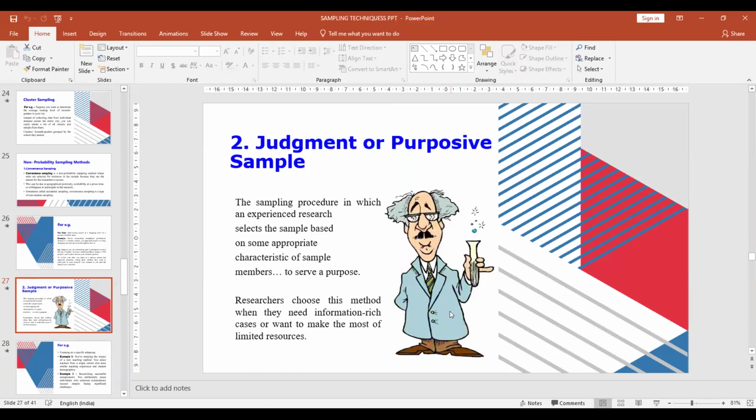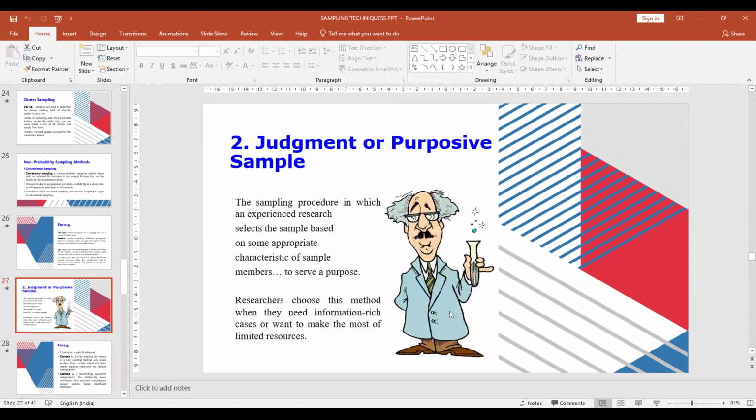It is a procedure in which an experienced researcher selects the sample based on some appropriate characteristic of sample members for survey purposes. Researchers choose this method when they need information-rich cases or want to make the most of limited resources. Under this method there is a deliberate selection of certain units on the judgment of the researcher, and nothing is left to chance.